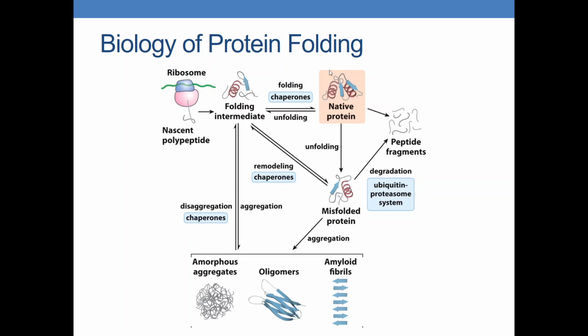By definition, these are intermediates. Remember, in the final folded state, the native state, you're going to have a nonpolar interior and a polar exterior. Folding intermediates, on the other hand, because they are not quite to that native state, may have nonpolar residues that are, in fact, solvent accessible.